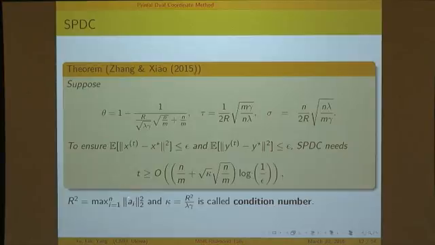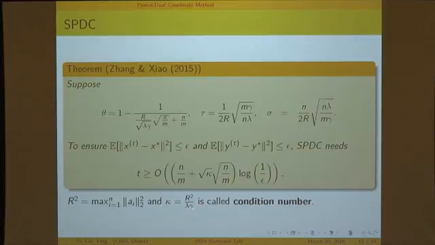This condition number is defined as the maximum L2 norm of the data over the strongly convex and smooth parameter. It illustrates how ill-posed the problem is.